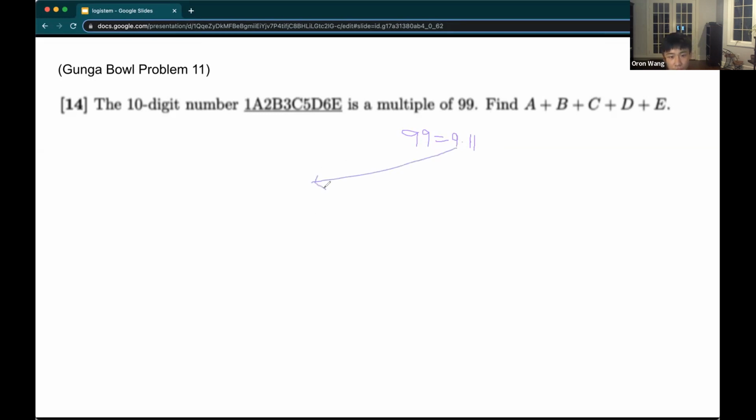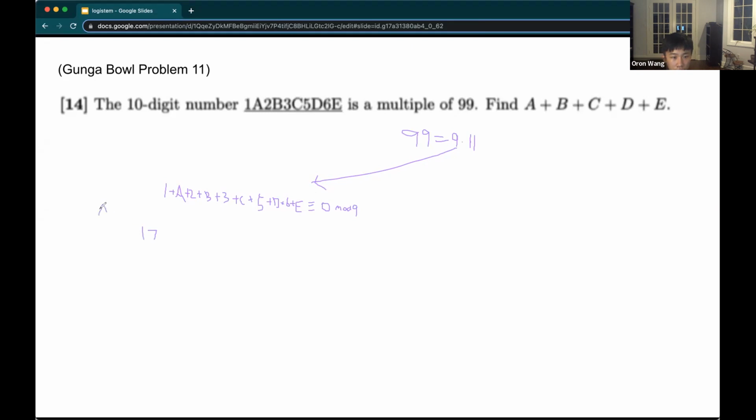First, the divisibility rule of 9 tells us that 1 plus a plus 2 plus b plus 3 plus c plus 5 plus d plus 6 plus e has to be a multiple of 9. So the way you can write that is it is equivalent to 0 mod 9. And we can simplify this to 17.